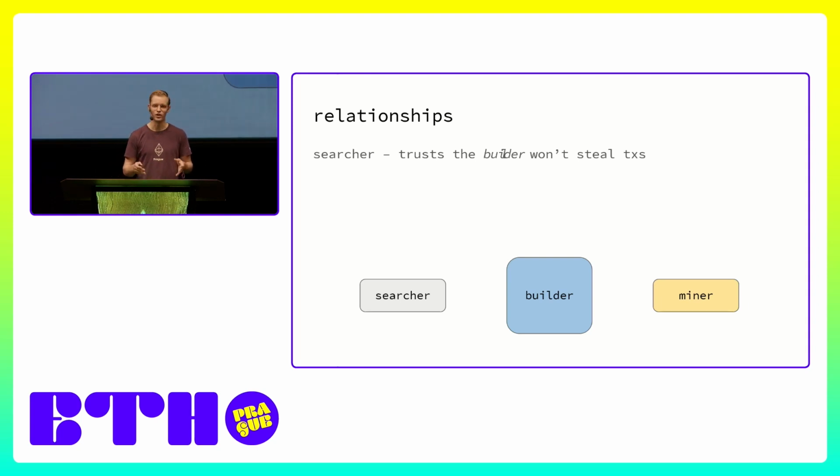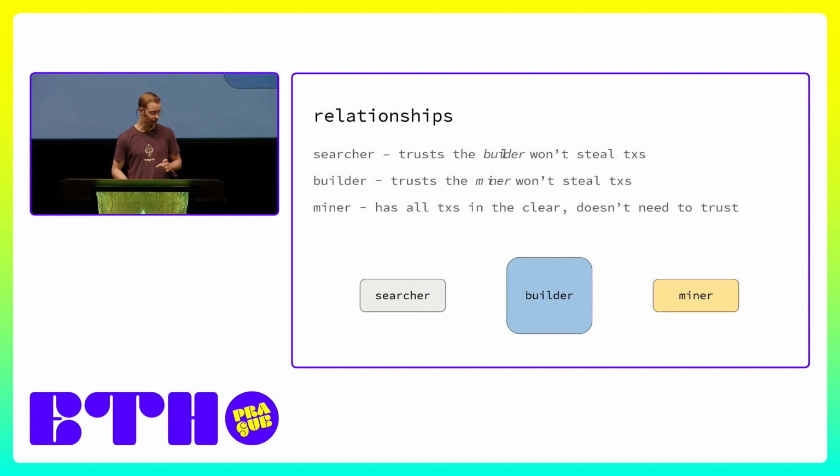This tends to be a one-to-one relationship, so you have often one searcher connected with one builder. We have the builder and the miner, and the builder is trusting that the miner won't steal their transactions. And then we have the miner, and the miner is just receiving all these kind of pre-computed blocks and just doing the proof of work on top of it.